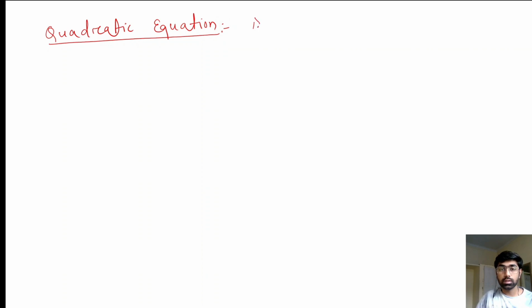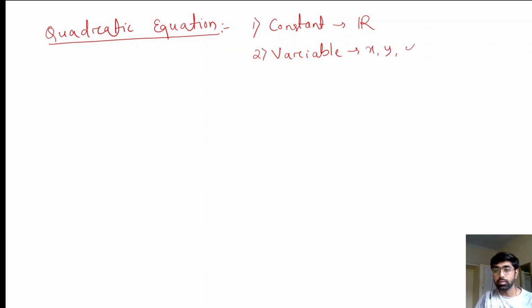First one is constant, which is nothing but the real numbers, and second one is variables, which are any alphabet or symbols, anything else like x, y, alpha, beta, etc. And one more thing is the quadratic refers that the maximum degree of this equation is 2.